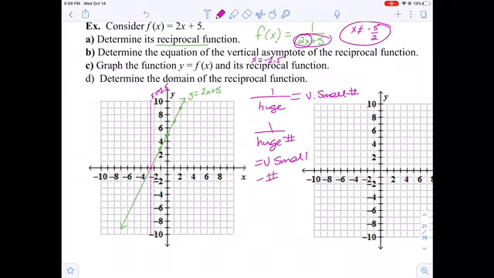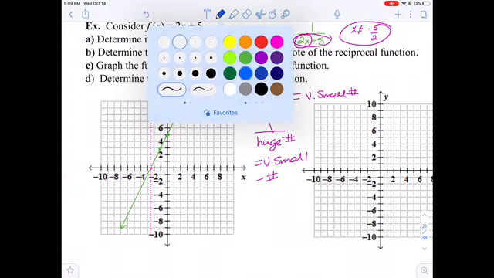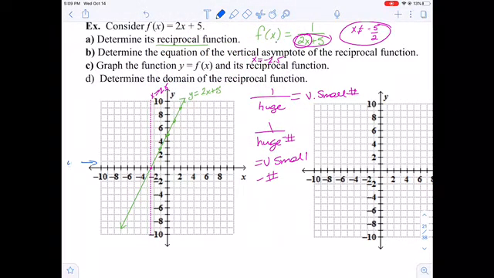After I find that value, I found my vertical asymptote. I also want to envision here, where is y equal to 1 and y equal to negative 1, okay? It's along here, isn't it? Y equals negative 1. Let's draw those lines to start, okay?